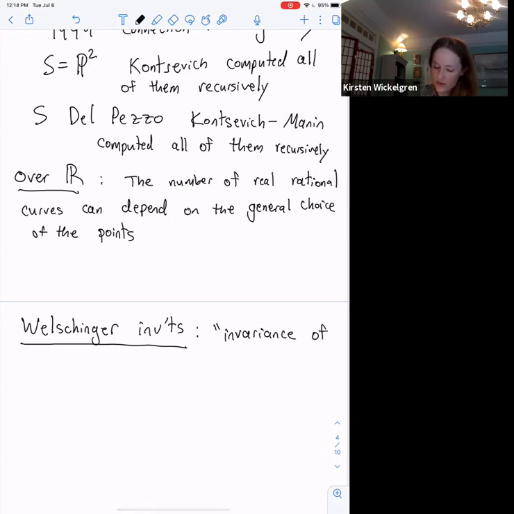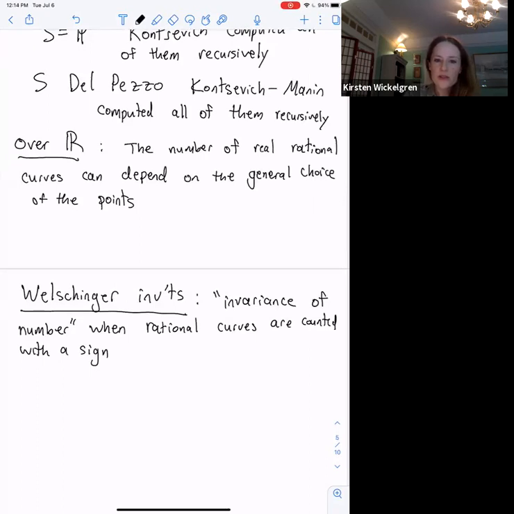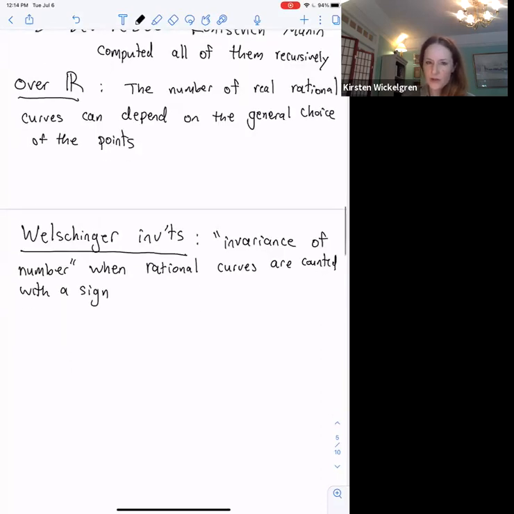So invariance of number when rational curves are counted with a sign. This sign records information about the geometry of the curve. The particular piece of geometry in question is what happens at the nodes.